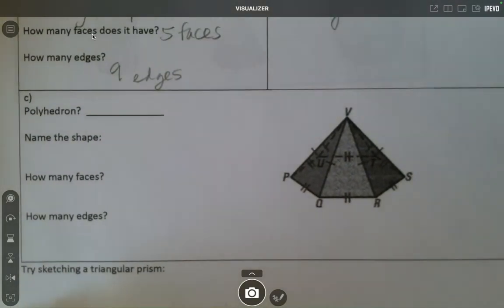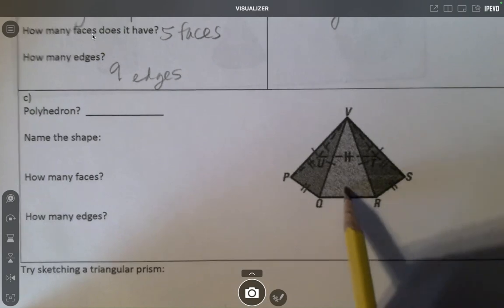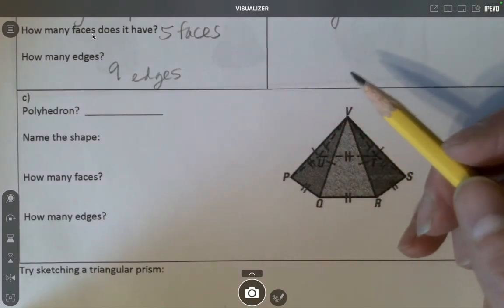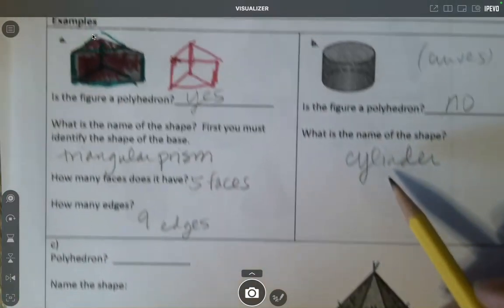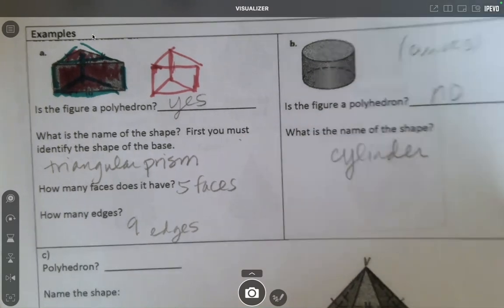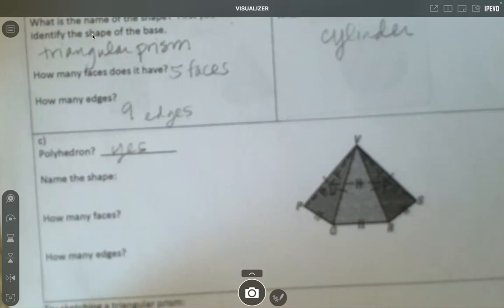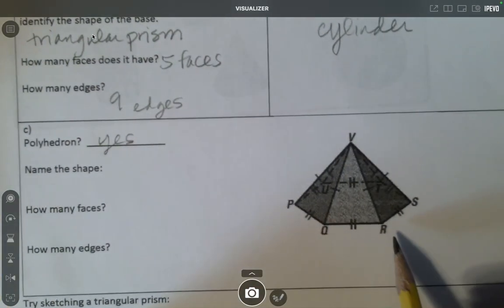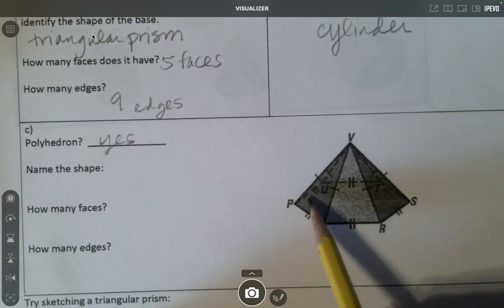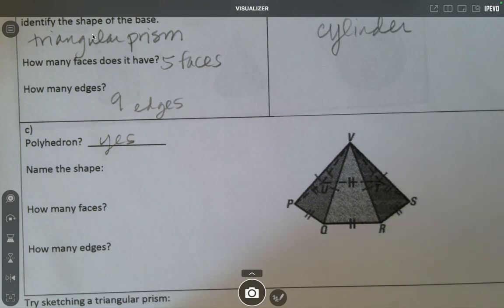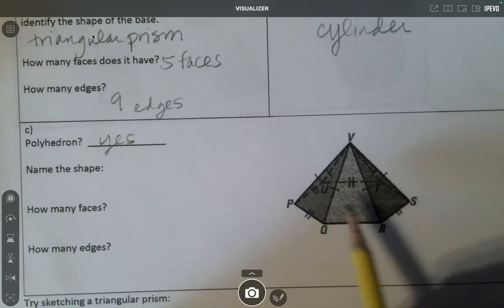Okay, on the last one, are we looking at a polyhedron? We are, and this is one of the 2 types. Remember, our polyhedra are divided into prisms like we did on part A, and then pyramids. So this is going to be a yes. So it's some kind of pyramid, but I need to go ahead and check out the sides on my base to name it. So 1, 2, 3, and I'm saying sides, but really it's edges now, right?